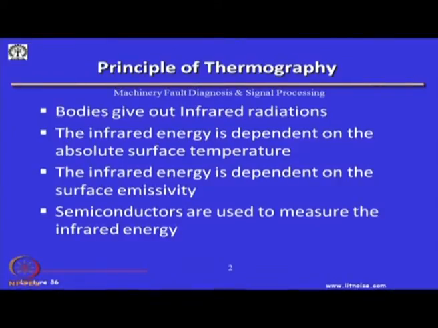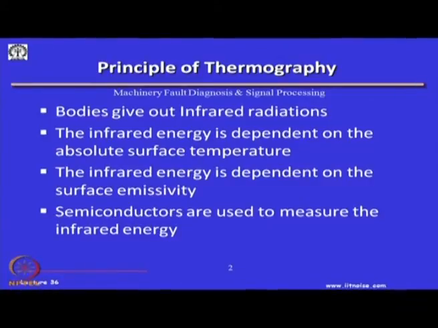The energy radiated by this infrared from the body is dependent on a factor known as the surface emissivity, and if this energy can be captured, one can get a good clue about the temperature of the body.